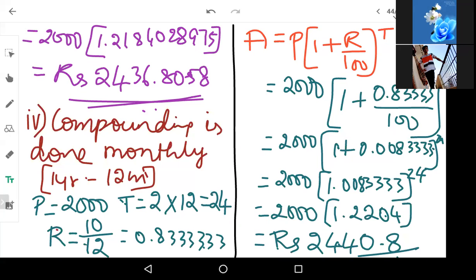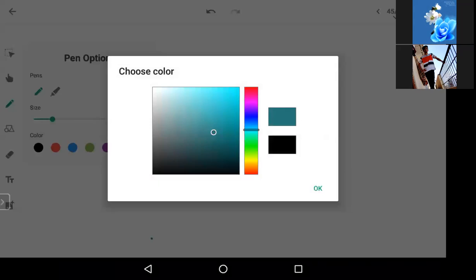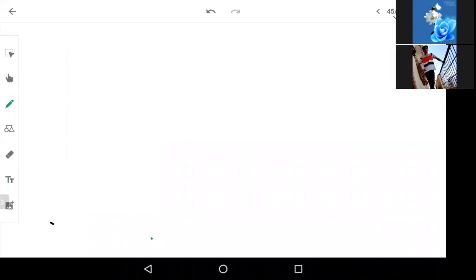So we have completed compounding done monthly. Now let us finish compounding done daily. That is the last one which is left out for us to solve. So compounding done daily. So the next, again I'll divide the page here for our easy understanding.